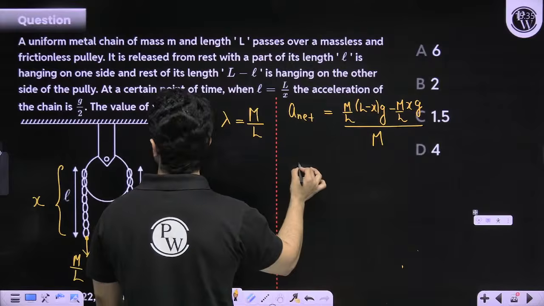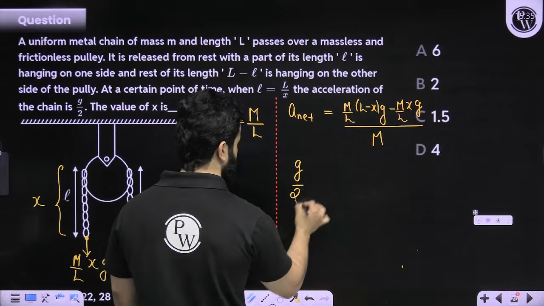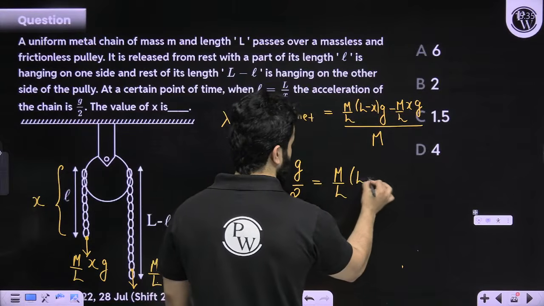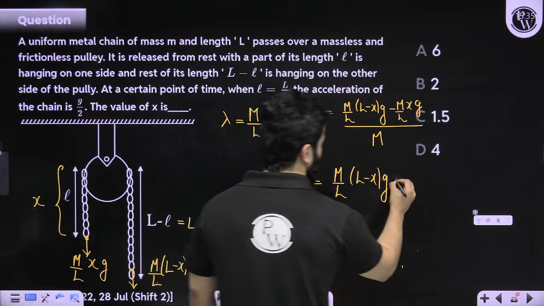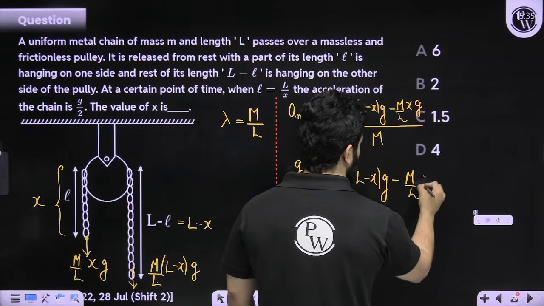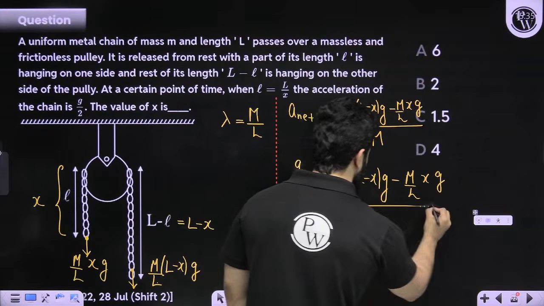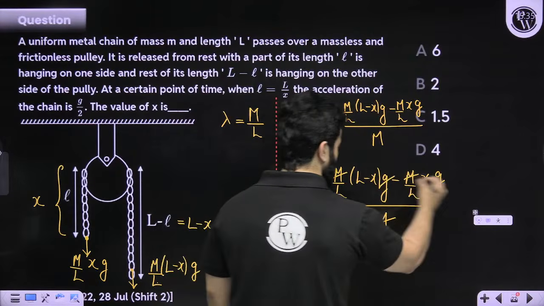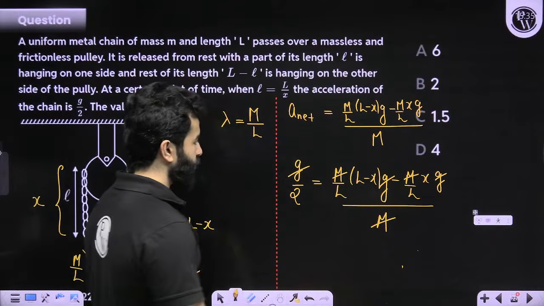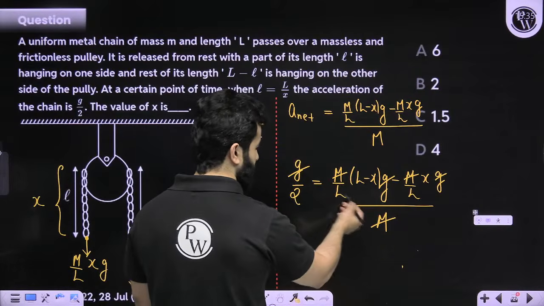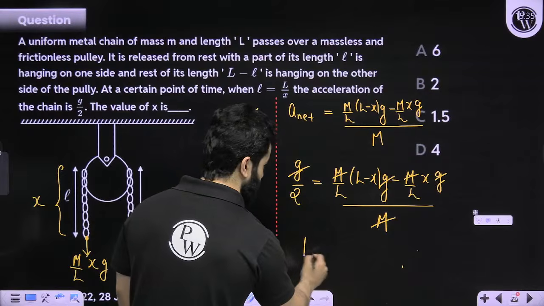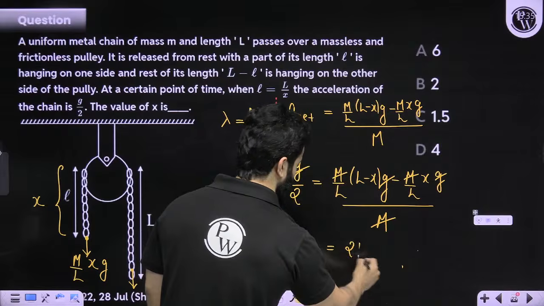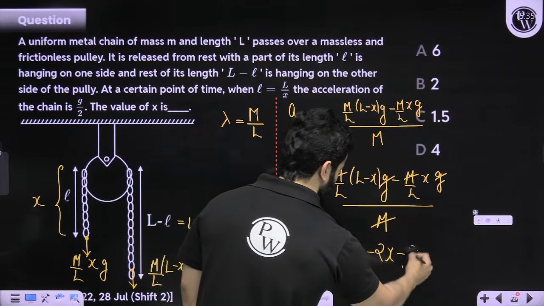Now a net is given by g by 2. So g by 2 is equal to m by L times L minus x times g, minus m by L times x times g, whole divided by m. M can be cancelled out, g can be cancelled out, and I can multiply this L and this 2 to this side. So this will become 2L minus 2x minus 2x.